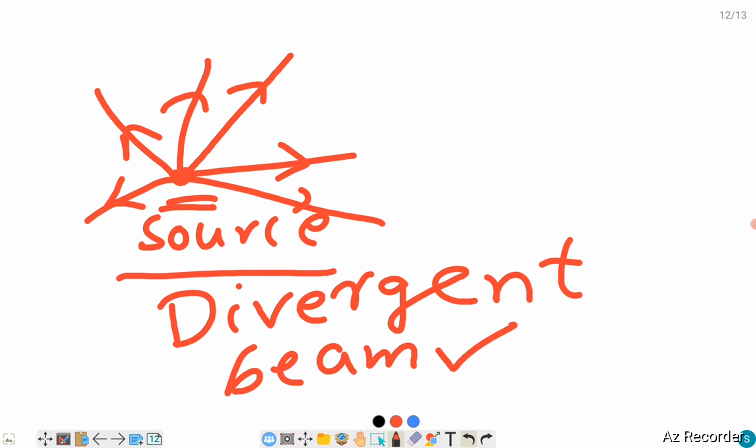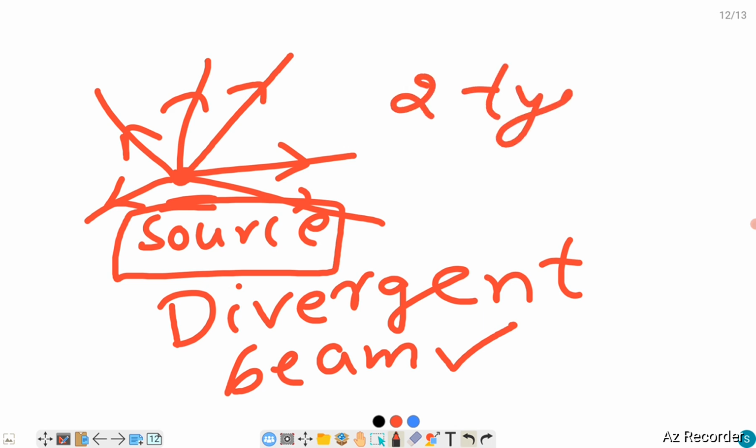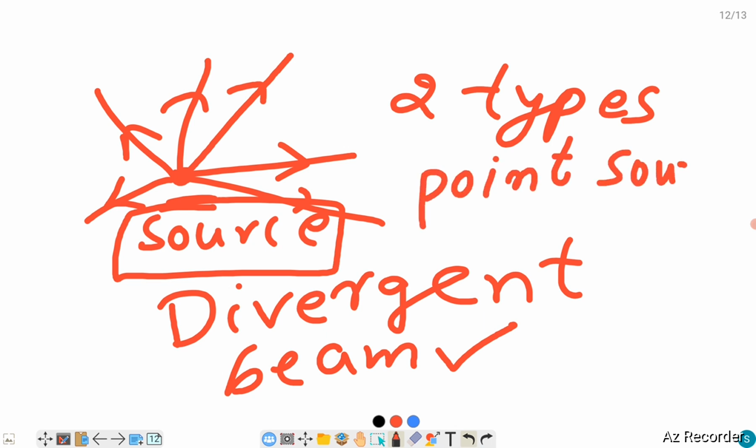Okay, the source of light also we will take as 2 types. Here in our chapter we take point source only. Here point source means a very small size source of light with the size of a pinhead. It will be very small like this. We have extended source also.